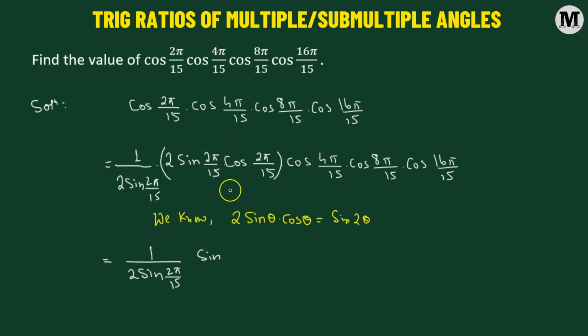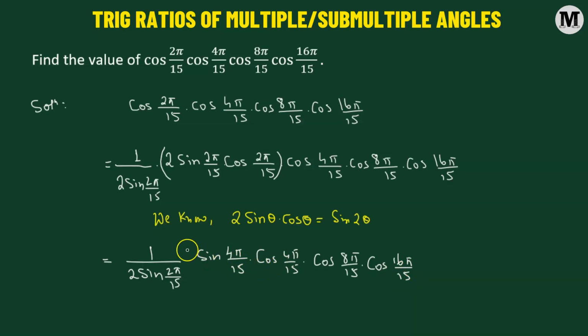So 2 times 2 pi will make it 4 pi. So we have sine 4 pi over 15 multiplied to cosine of 4 pi over 15 times cosine of 8 pi over 15 times cosine of 16 pi over 15. Now, we have a simplified form.